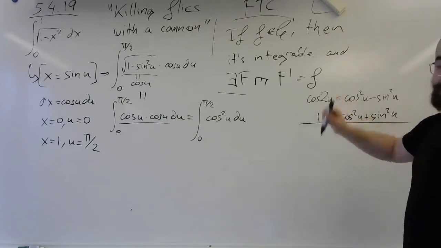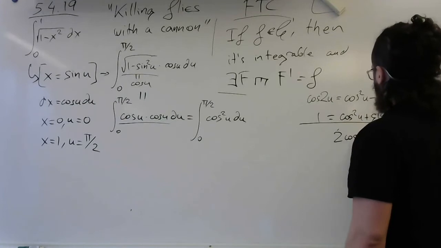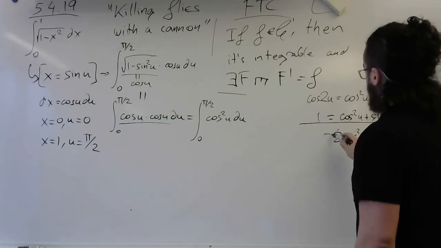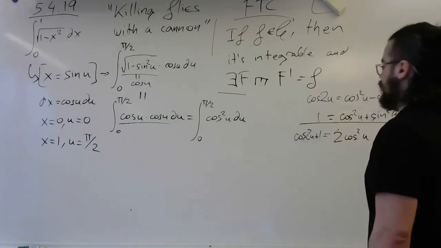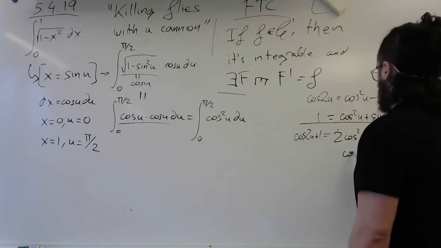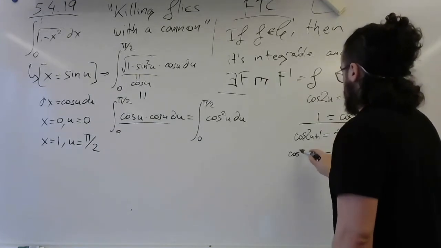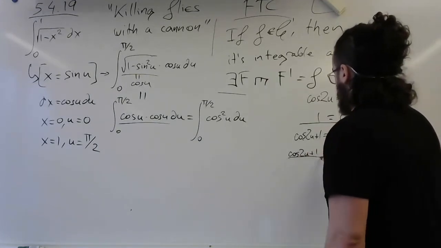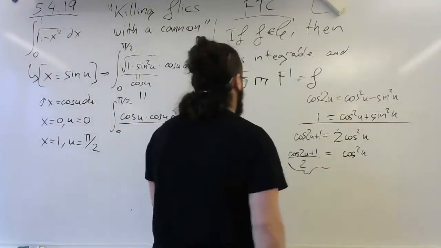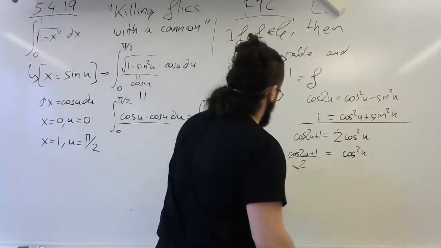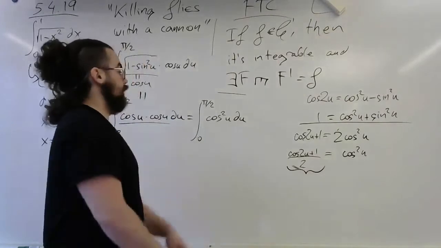And from here, if we sum these 2 equations, what we have is 2 cosine squared of u on one side and cosine 2u plus 1 on the other. So cosine squared of u is cosine of 2u plus 1 over 2. And this is something we can work with. So we substitute it here.